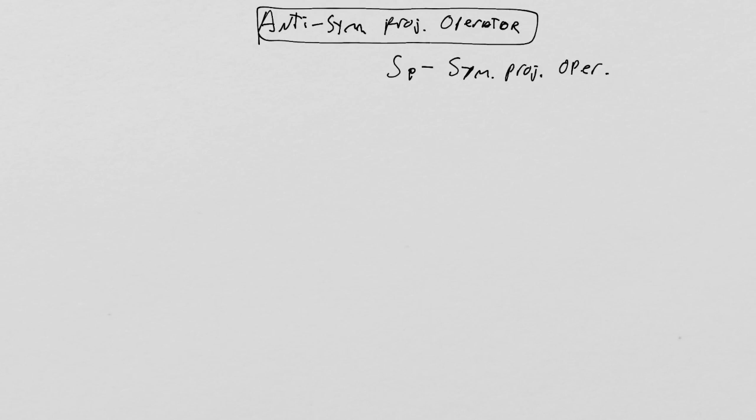Anytime you see anti-symmetry, it gets a lot trickier. It's just messier. It involves determinants instead of just sums. So this one is a little more intricate than the other, but everything is kind of straightforward and logical.